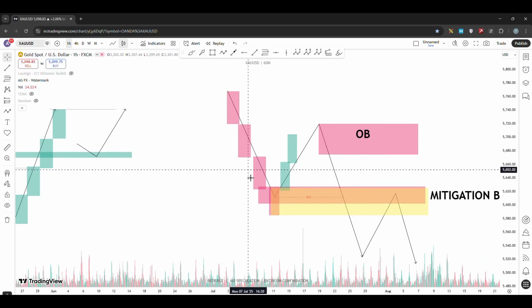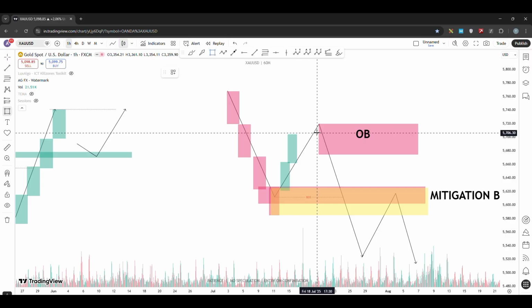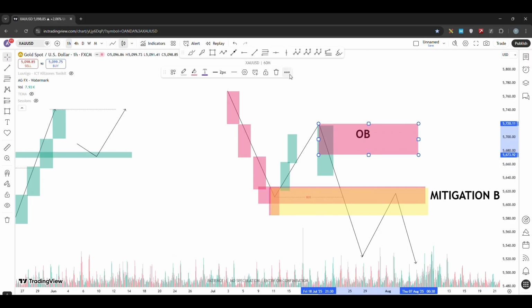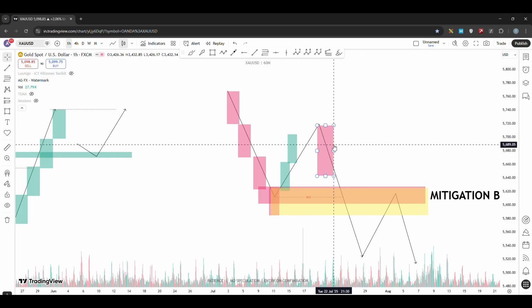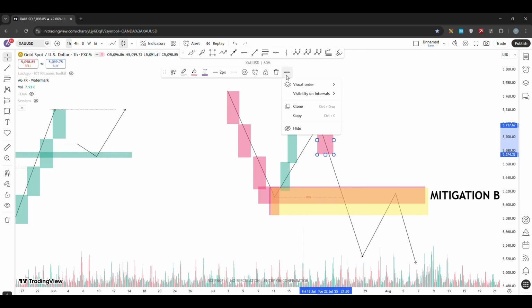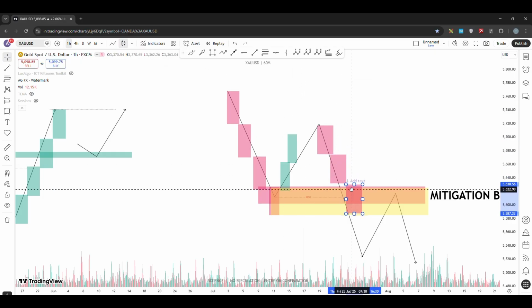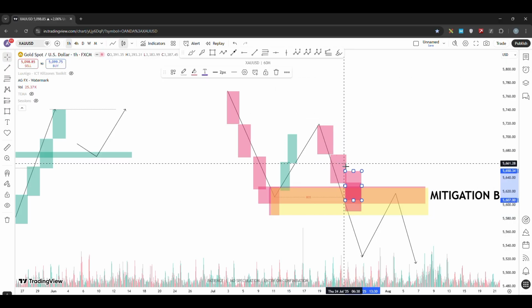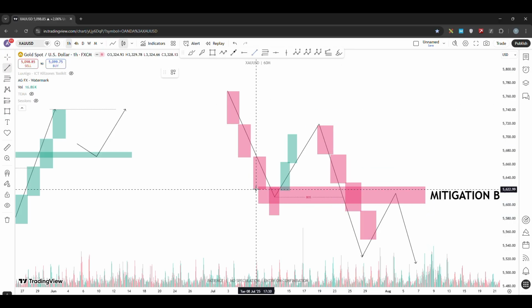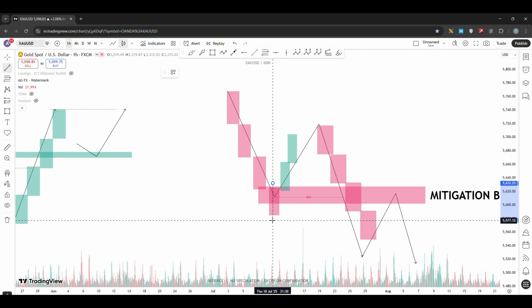Similarly, let's say market is bearish and market starts to drop from here. And once again, I'm going to remove this order block. So let's say we have got multiple red candles like this, and market drops like this, and then it breaks the structure to the downside. Let's say we have got a wick over here on this mitigation block, something like this.